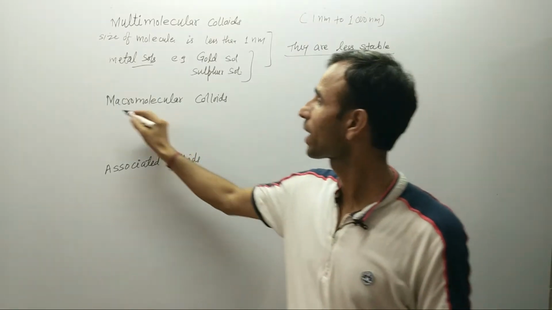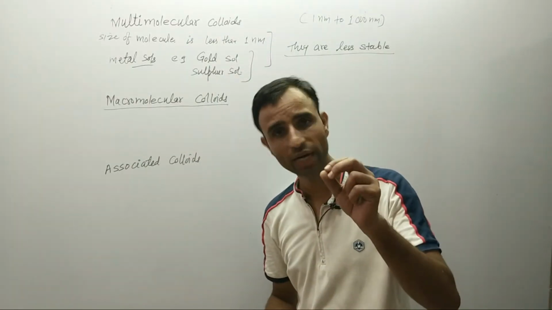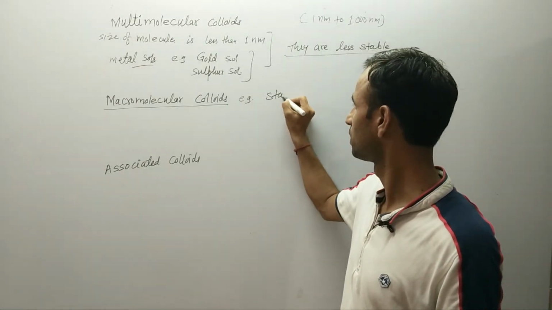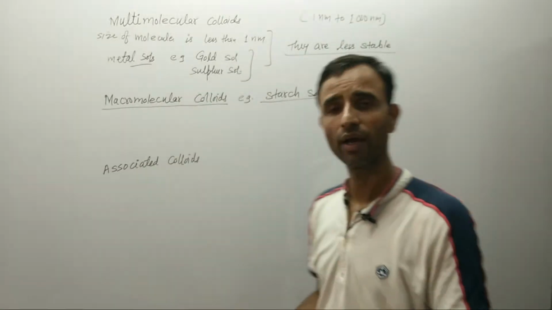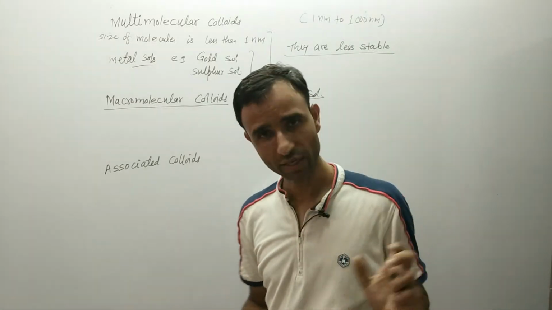Done. Now macromolecular colloids. In macromolecular colloids, particles are already in the colloidal range. For example, starch sol. So a single molecule itself can act as a colloidal particle.